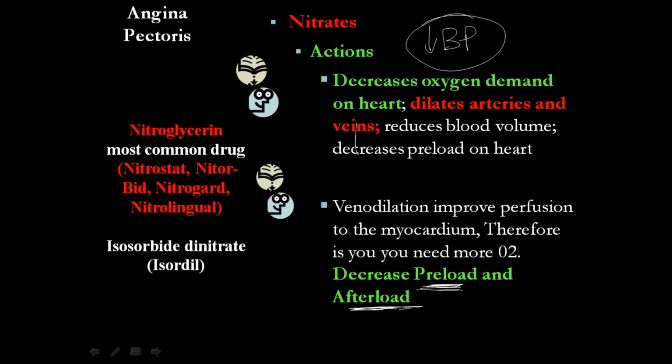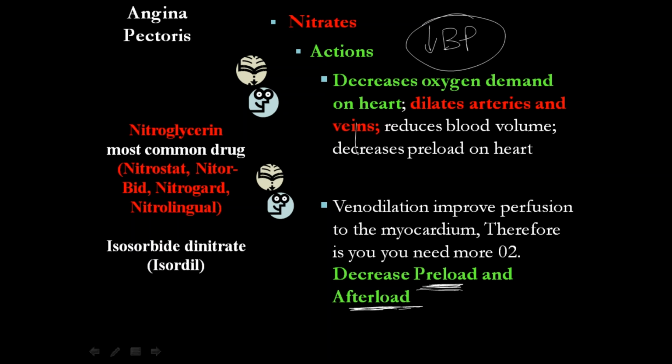And the afterload is the pressure. So afterload is not volume. Afterload is the pressure of the heart. So preload is volume, afterload is pressure. How much pressure does the heart need in order to pump the blood, right? The more pressure, the more oxygen you consume.